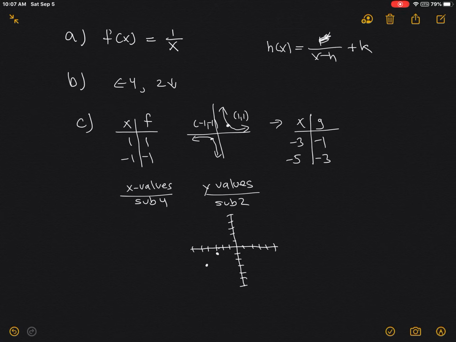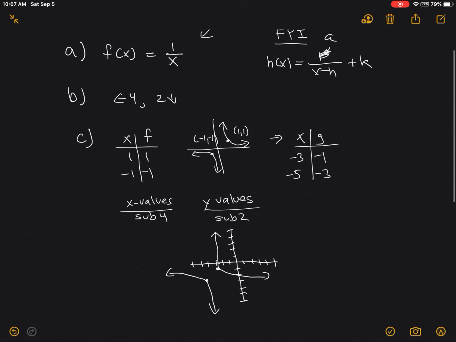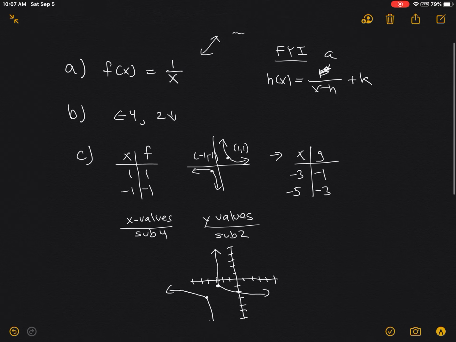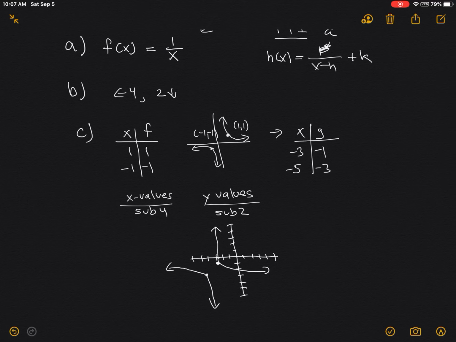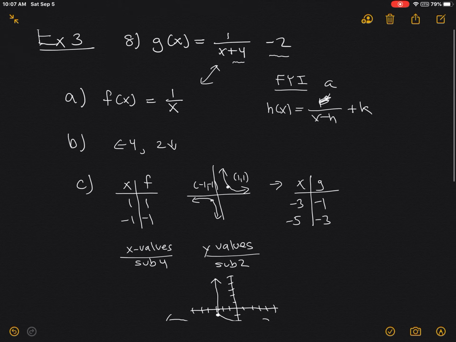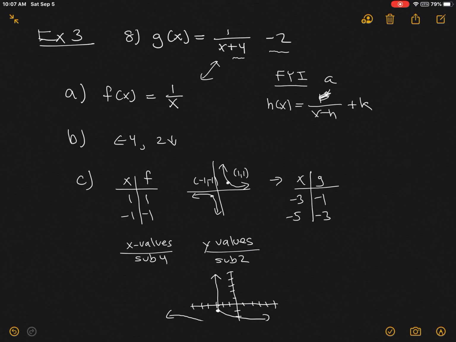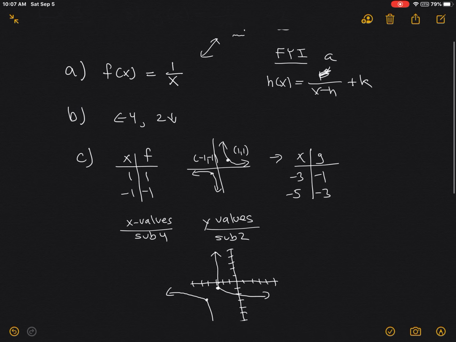Your graph is going to look something like this. That looks like it got shifted 4 to the left and 2 units down. Later on I'm going to show you officially how to graph something like this. You basically have to find the vertical asymptotes and combine this into a single function.